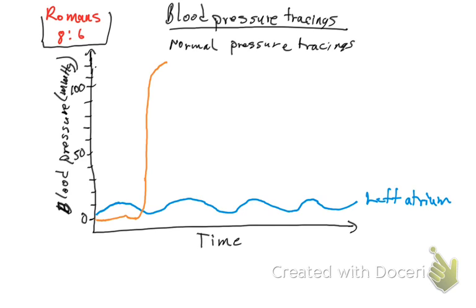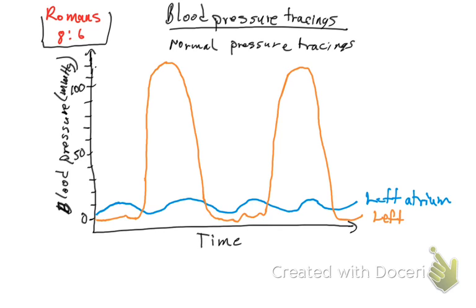Then you come down, go straight down until you get almost to 0 again. Then you go up all the way to 120, come down, and so on. So this is the left ventricle.